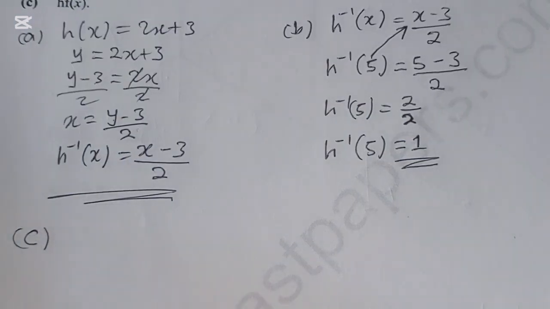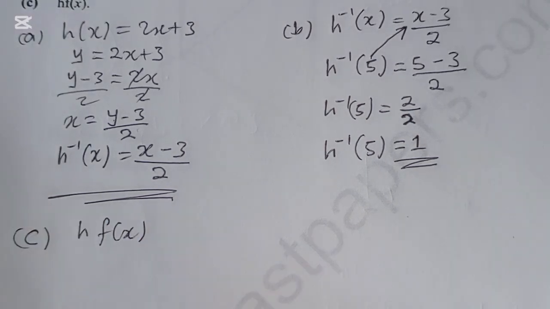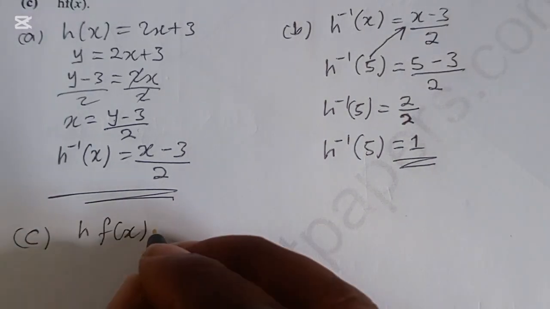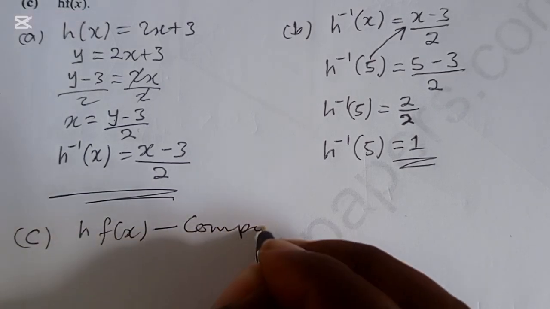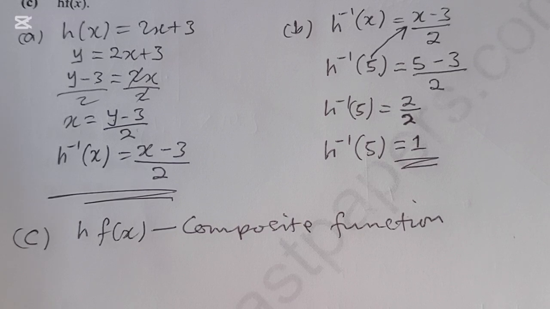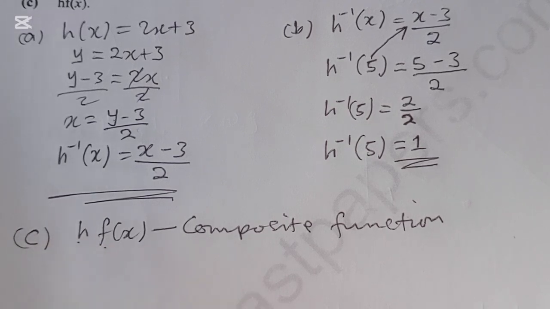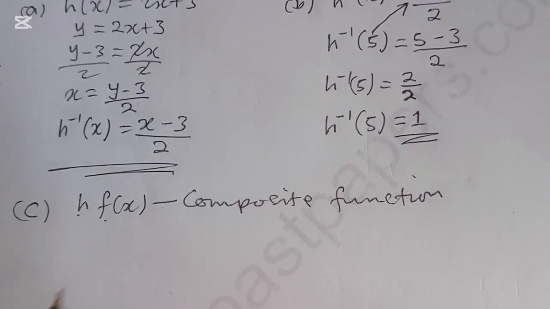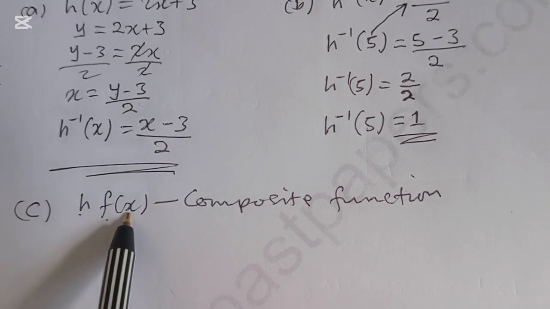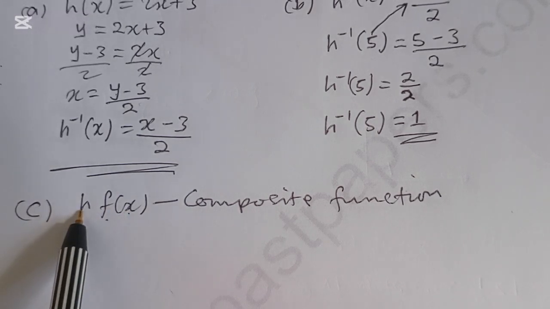Part C, find hf of x. So this is a composite function. A composite function is a combination of two or more functions. So in this case, there is a combination of the h function and the f function. This means that the f function has been swallowed by the h function.